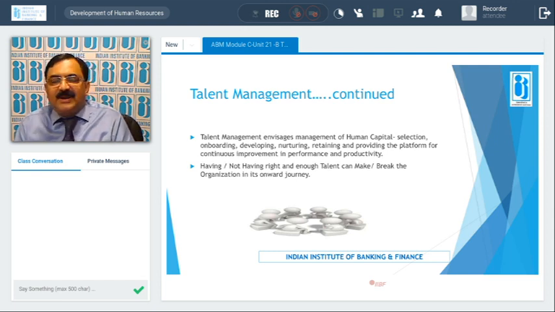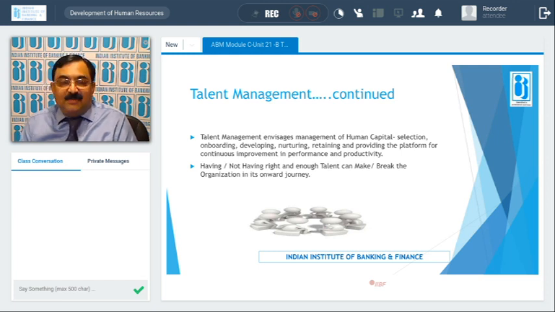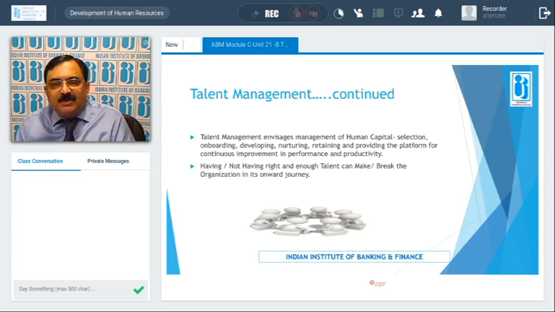But if you do not have the right talent, the entire journey can come to a standstill, or the entire exercise can break down. So therefore, the importance of talent management has to be highlighted, has to be appreciated. And what we have already discussed is all those measures and steps which we can take toward developing the talent for the progress and prosperity of the organization.